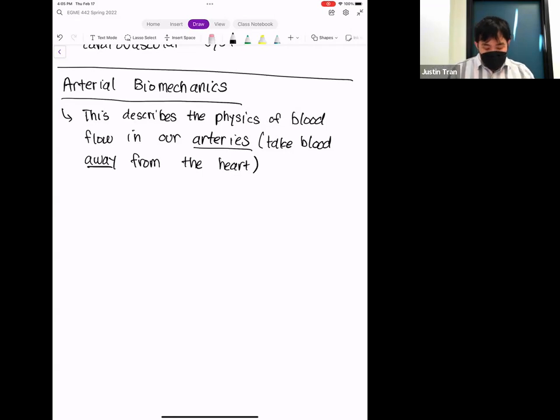Right. If you compare the fluid mechanics of blood flow in your arteries versus your veins, your arteries tend to have much higher pressures and much higher flow rates.